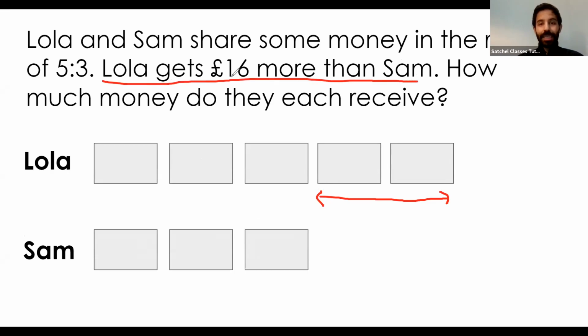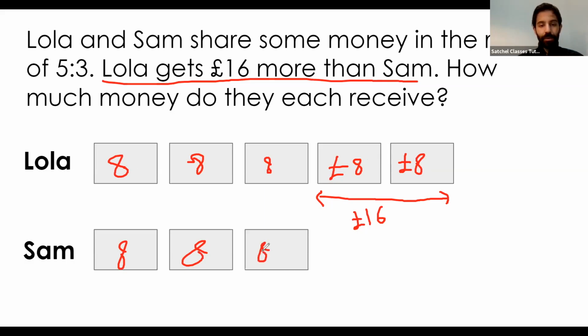It says Lola gets £16 more than Sam, so these 2 parts will be equal to £16. Therefore, 16 divided by 2 will give us the value for 1 part, which is going to be £8. So each part in the bars is going to be 8.